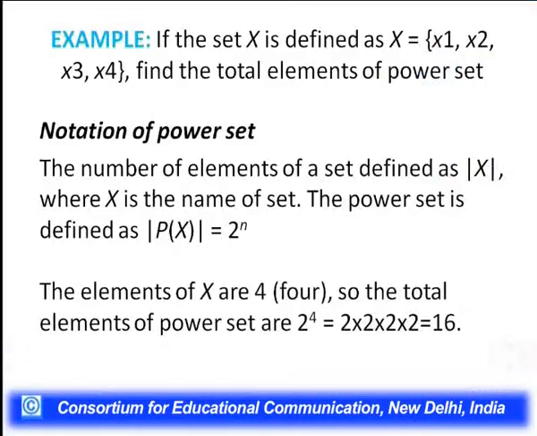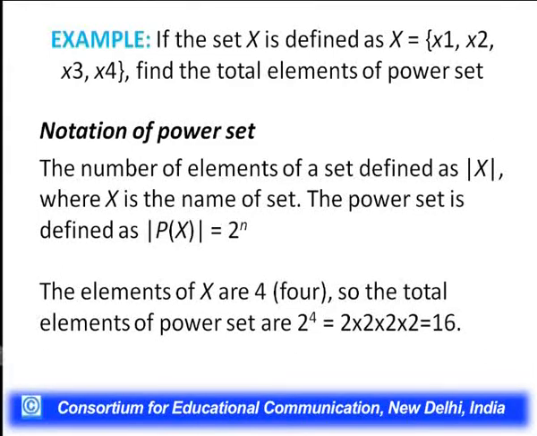Let us see one example of a power set. Let us consider the set X defined as X equal to {X1, X2, X3, X4}. Now find the total number of elements of the power set. First, let us understand the notation of the power set. The number of elements of a set is denoted mod X, where X is the name of the set. The size of the power set is defined as mod P(X) equal to 2 to the power n.